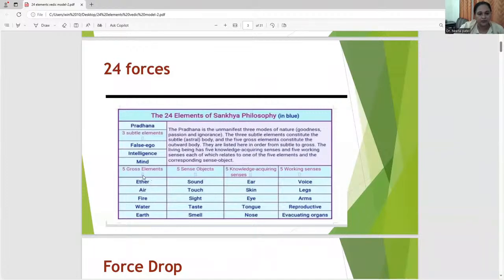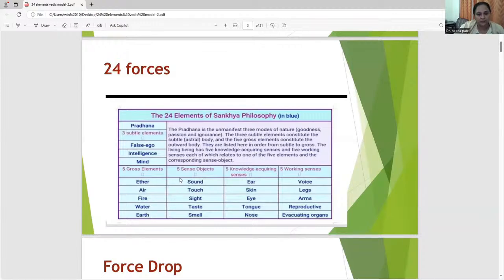Now let's understand the gross elements. We understand gross elements because we can see them with the physical eyes. We can experience earth by touching it: water, fire, air, and ether. These are the gross elements. We can experience these forces as physical elements.